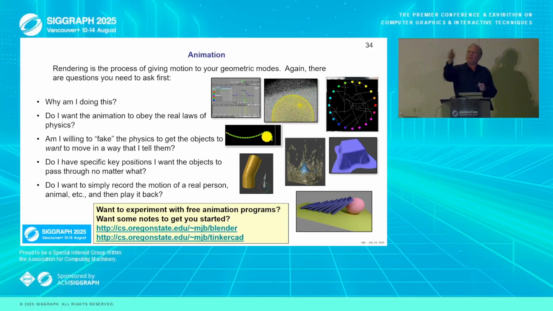Do I have a series of locations and I want to fit a nice smooth curve through it? Do I want it to follow the laws of physics? Do I want it to bonk up against something while it's moving? So a lot of these things depend on why you're doing it, what amount of realism do you want, and what kind of compute time are you willing to put into it?